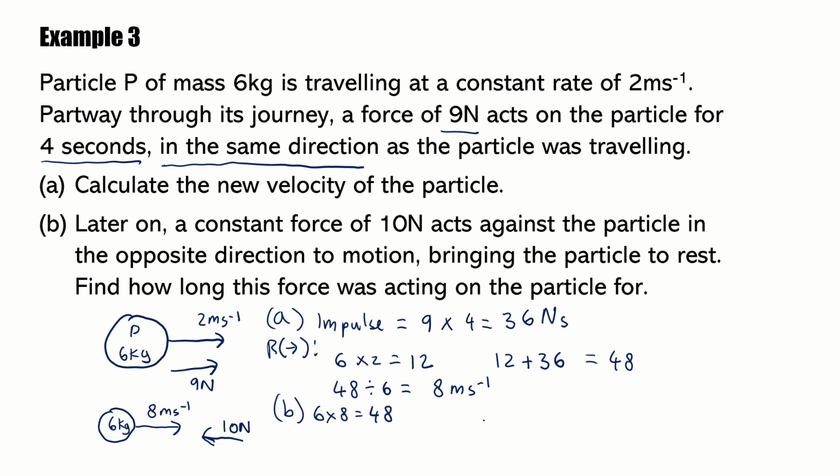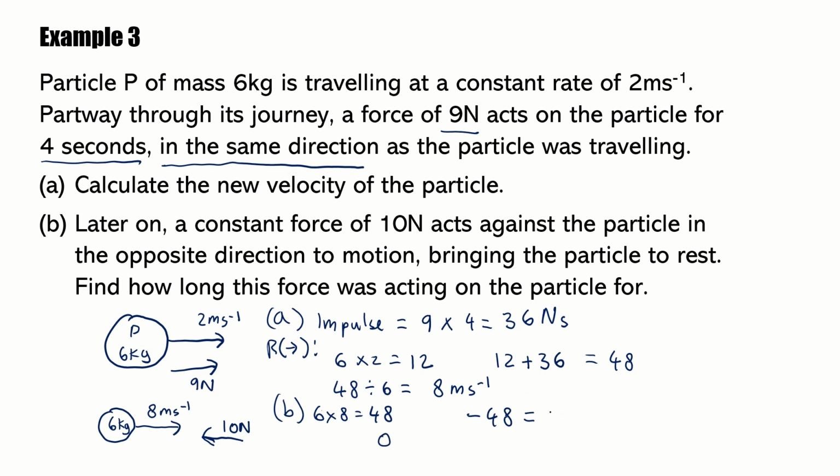If the particle is going to come to rest, that means its momentum will be 0. So the impulse we're doing is going to be an impulse of minus 48, because it's going from 48 to 0 by the time it's come to rest, and so that's a difference of minus 48 to get from 48 to 0. Cool. And then we have to calculate what that is as a force for a particular time.